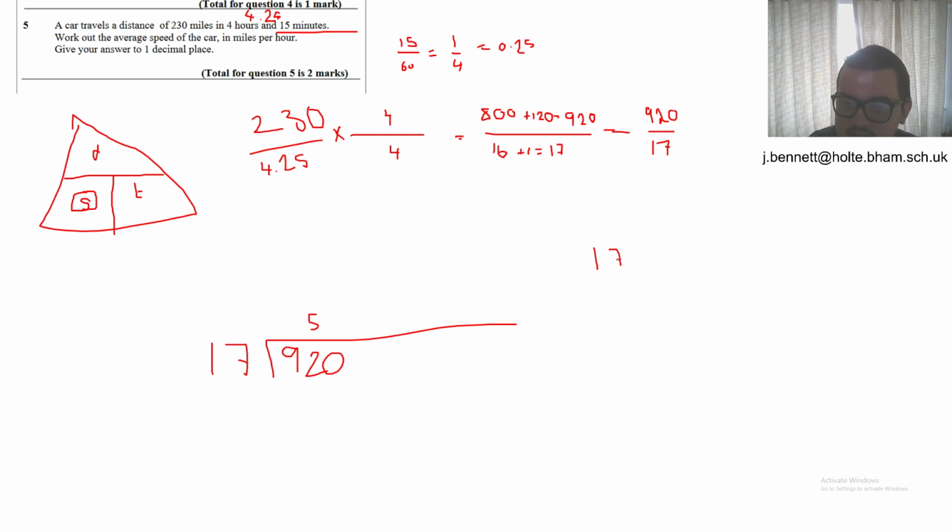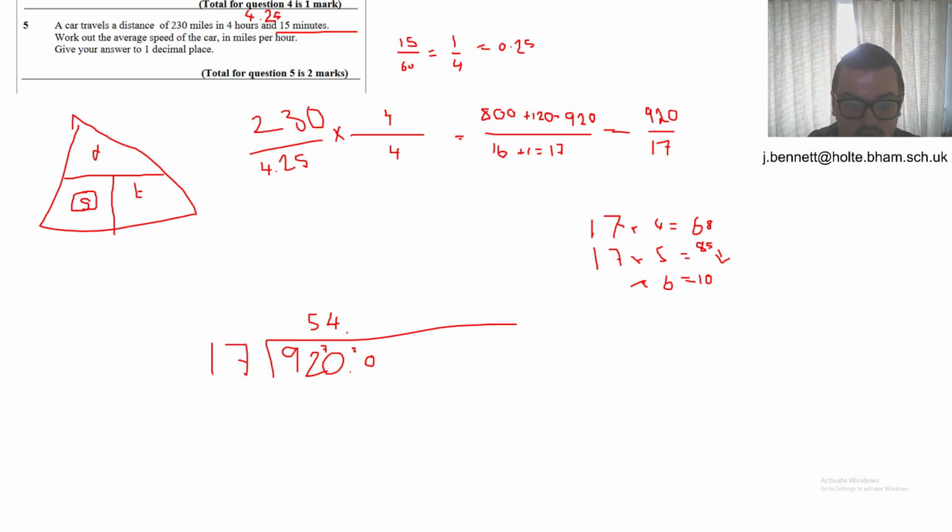Because 17 times 5 is 85, times 6 becomes 102. How many short are we here? We're short 7. So we have 70. How many 17s go into 70? 17 times 4 is 68. So we have 4, remainder 2.